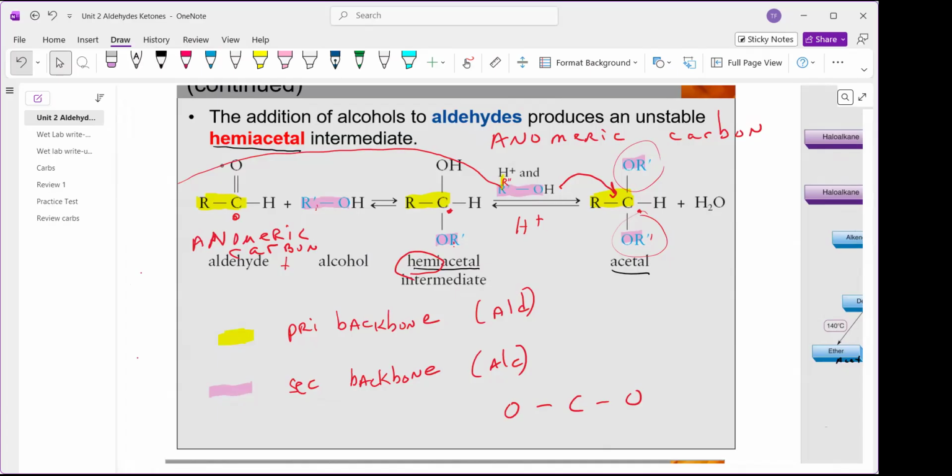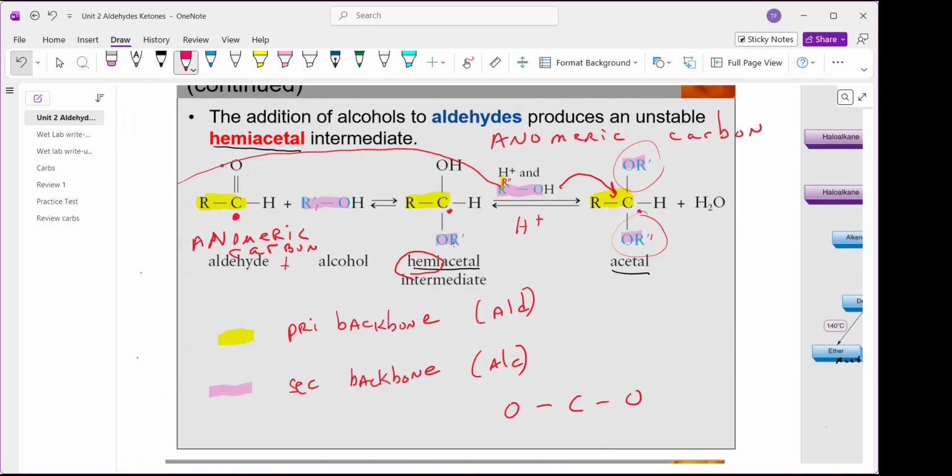And I've done it in yellow. That carbon that's attached to the aldehyde is called an anomeric carbon. You have to be able to identify the anomeric carbon.